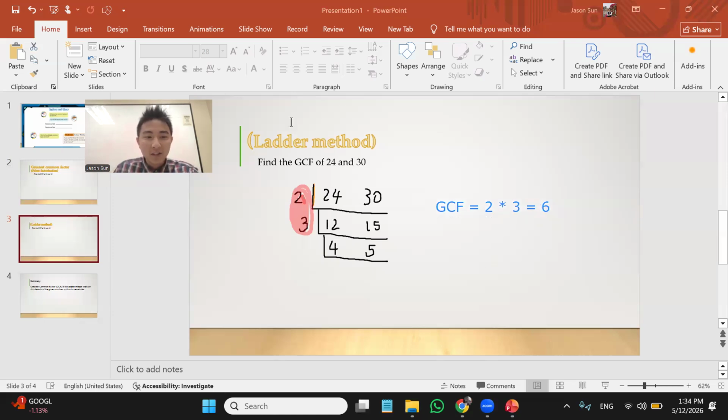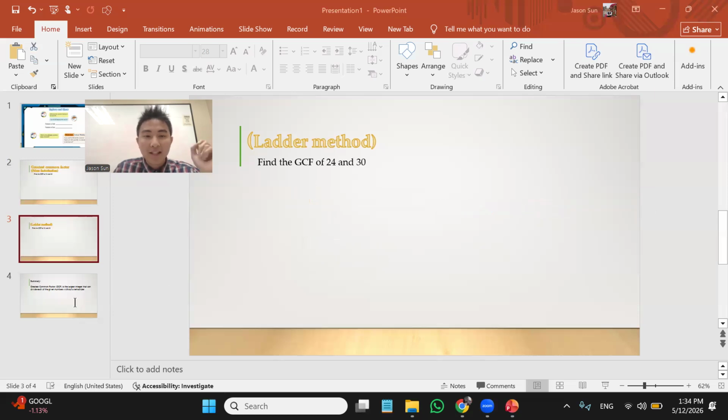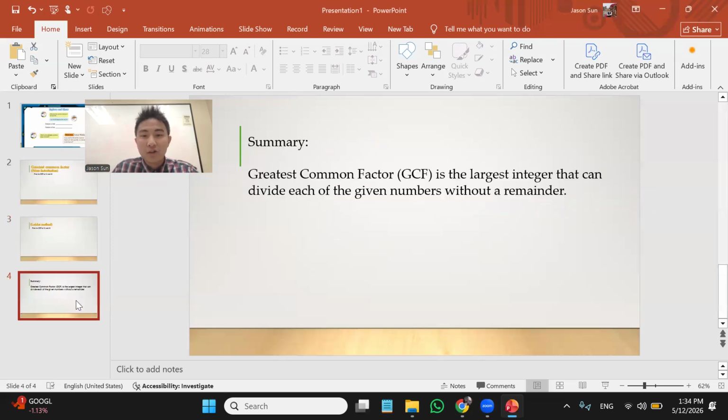So in summary, regardless of using the ladder method or the prime factorization method, the GCF, the greatest common factor, is the largest number that can divide each one of the given numbers without remainder.